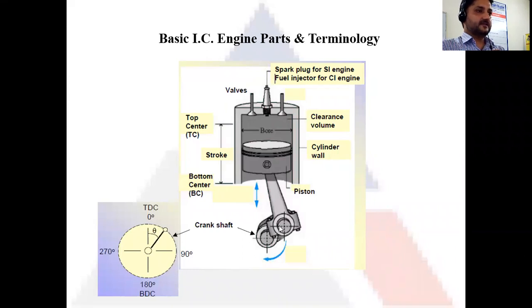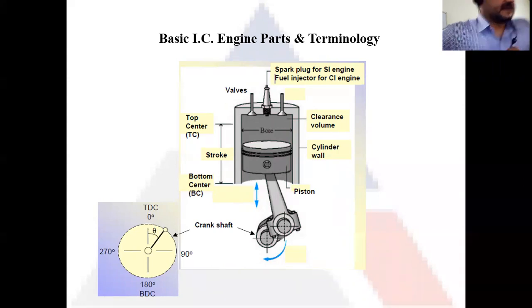Now, as the piston starts to move upwards, the angle again starts to increase from 180 degrees, reaches 270 degrees, and then completes 360 degrees. Here again, the piston reaches the top dead center. So when a piston sweeps one stroke length, from the top dead center to the bottom dead center, the crank rotates 180 degrees.